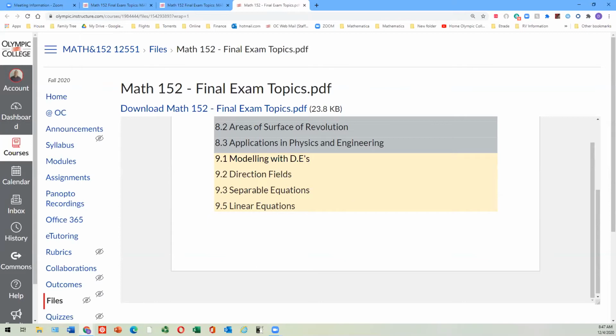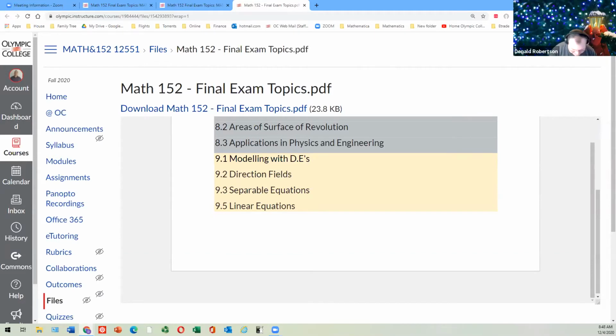Like what time and how much time would we have for this final? Your final, Ripken, I'm looking at my piece of paper, is going to be on Wednesday the 9th, and it's going to start at 7 and finish at 10. So it's 3 hours. I always design it listening to WebAssign. They tell me how many minutes a typical student takes.